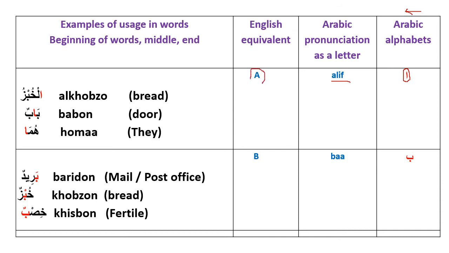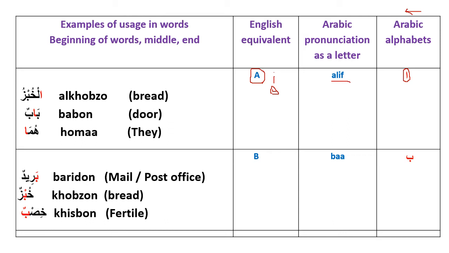It is A as a letter, but the sound is going to be like A or E or O, depending on variations. It can also be E. It can also be O, but basically A represents it in the first place.